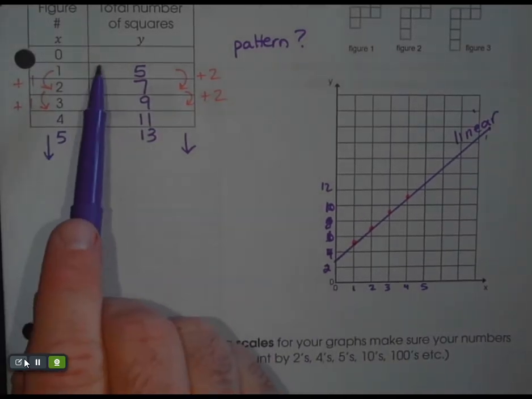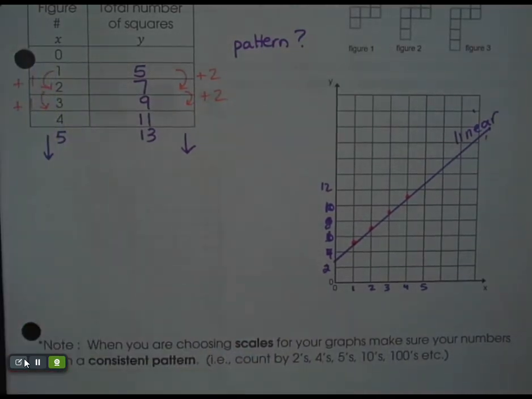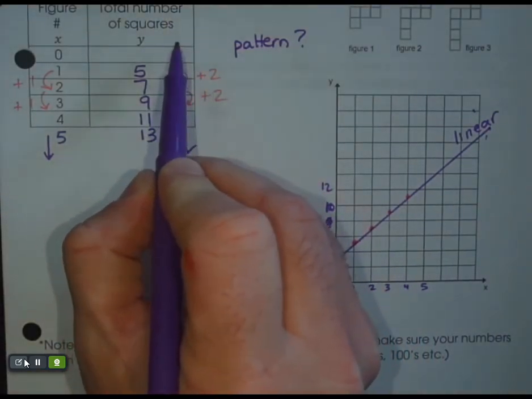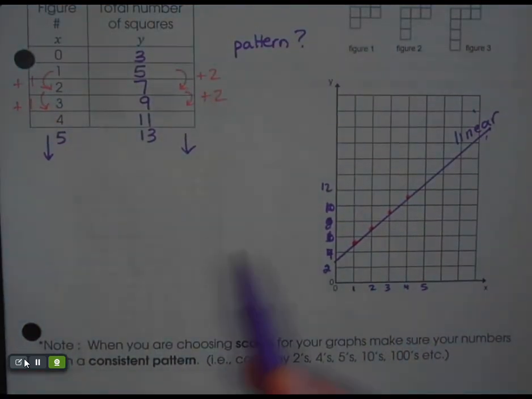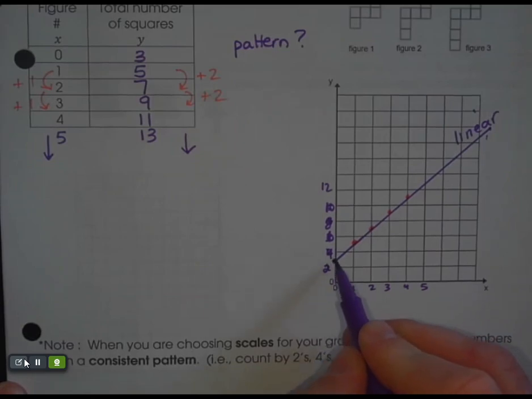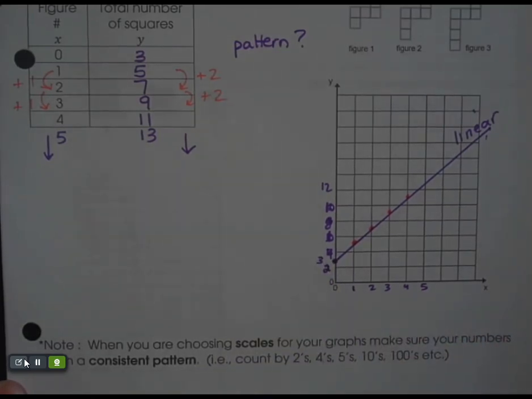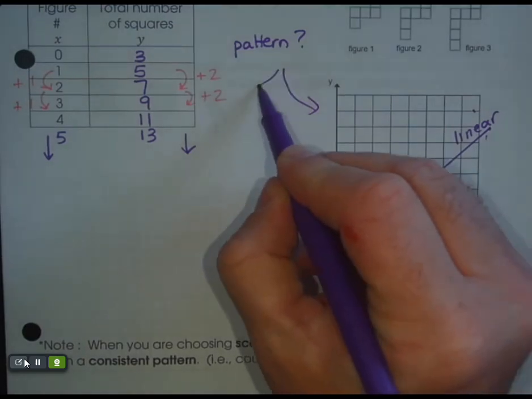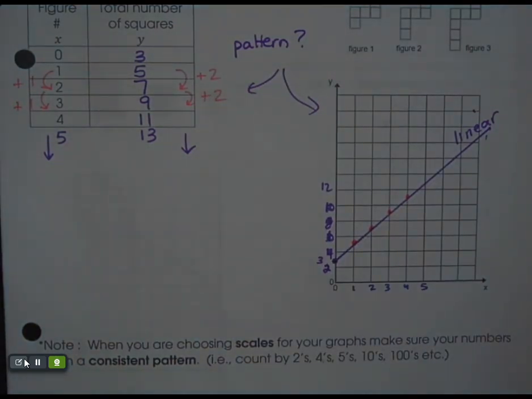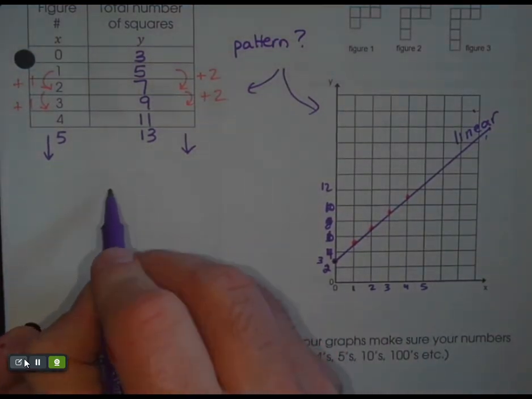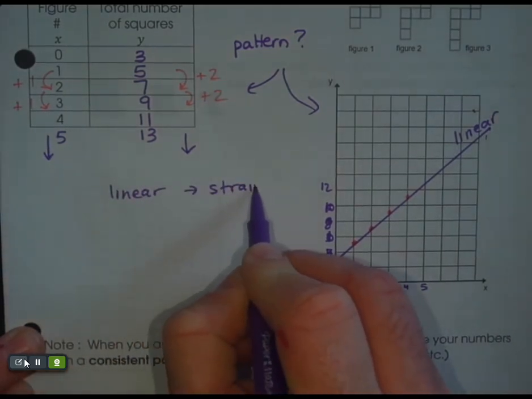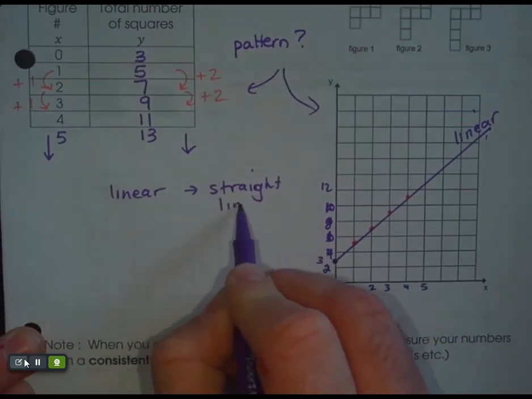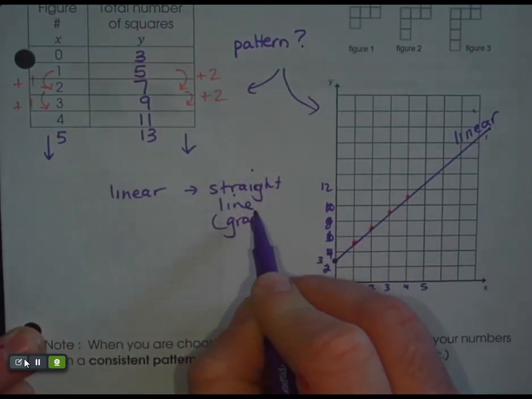Now, if we look at this, all right, did we figure out what 0 was? No. But we could probably continue the pattern backwards and say that is 3 because we subtracted by 2. Does that match our graph? Yep, it matches right there at 3. So the pattern is consistent through it. So this is linear because we have a straight line from our graph.